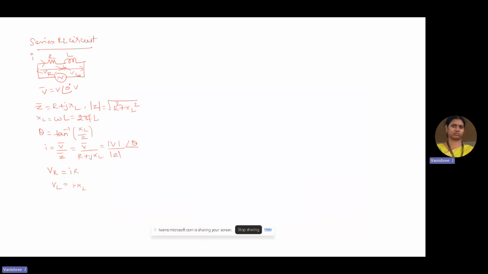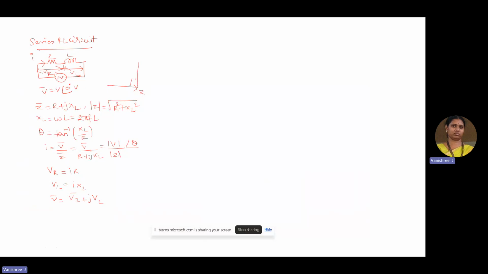So the net voltage can now be expressed in terms of the individual voltage drops, such that V is equal to VR plus jVL.